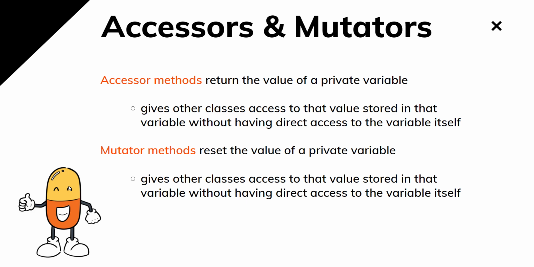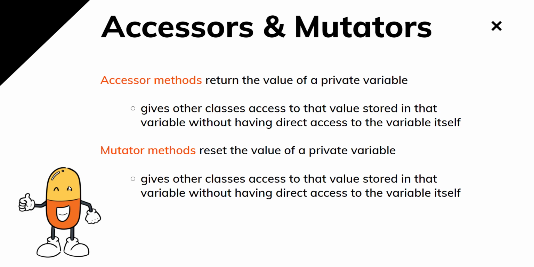In order to manipulate our variables if they are private or protected, we need what is known as accessors and mutators. The accessor methods return the value of a private variable, and also give other classes access to that value stored in that variable without them having any direct access to the variable itself.